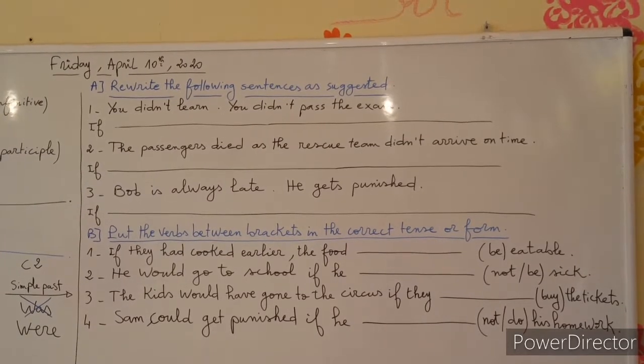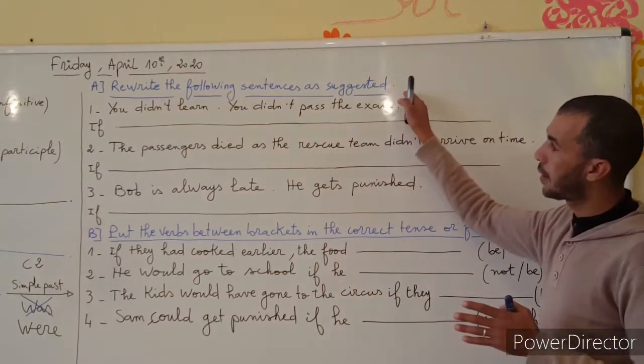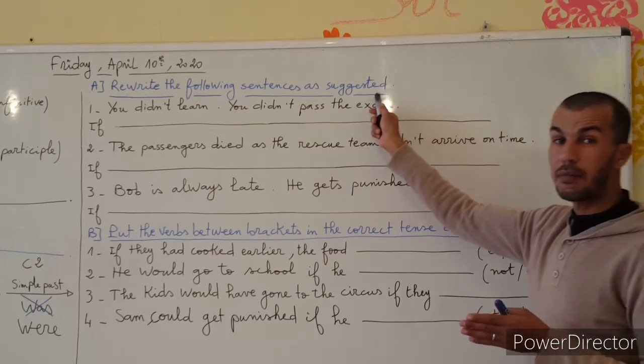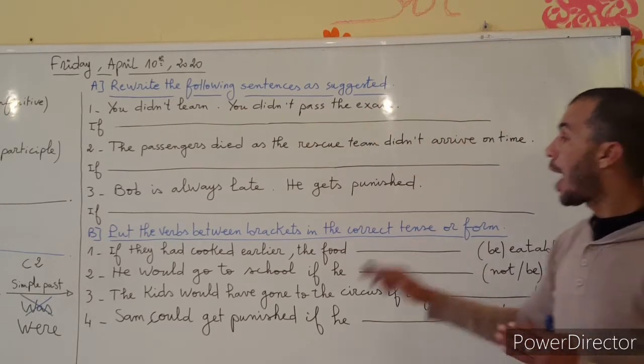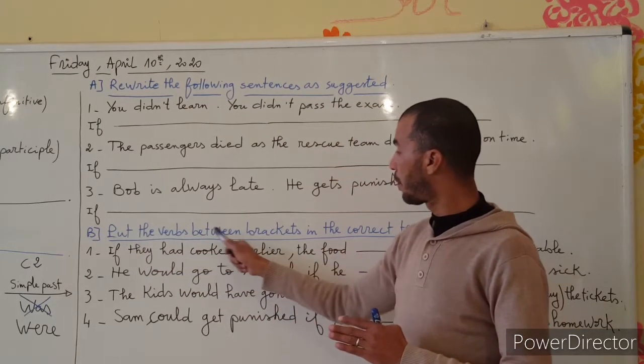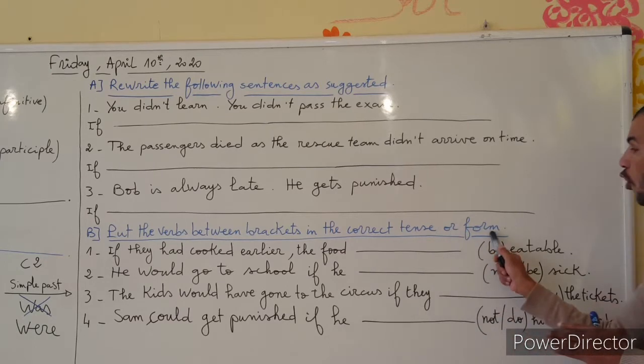In national exams, you may have a question like this: rewrite the following sentences as suggested. Or you may have conditionals in this way: put the verbs between brackets in the correct tense or form.